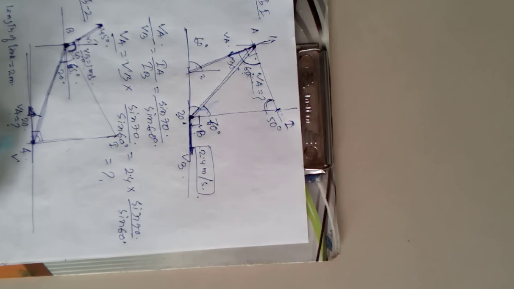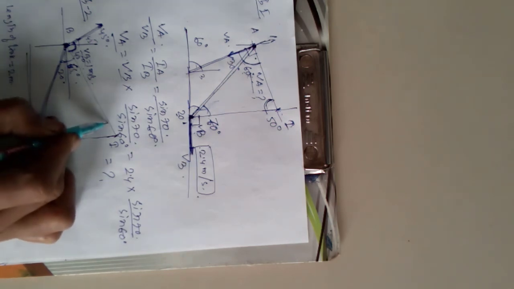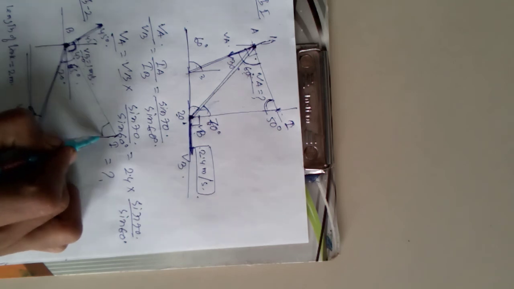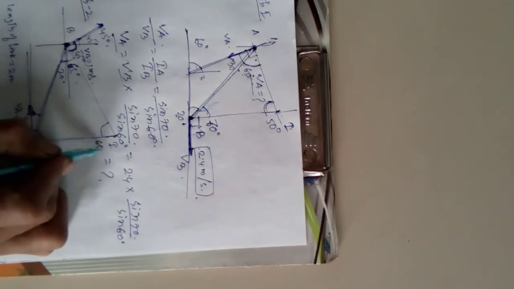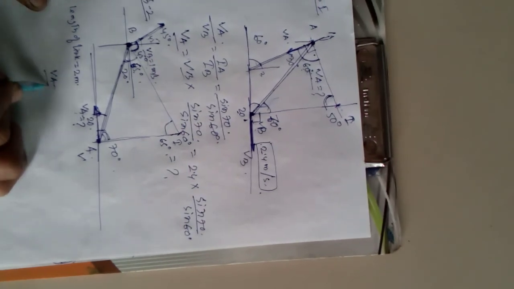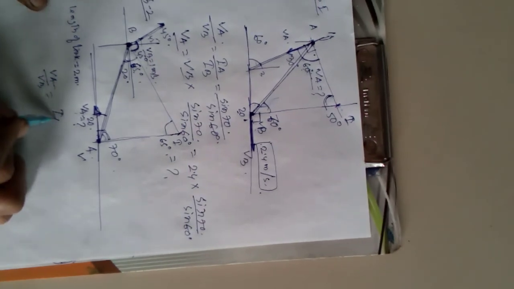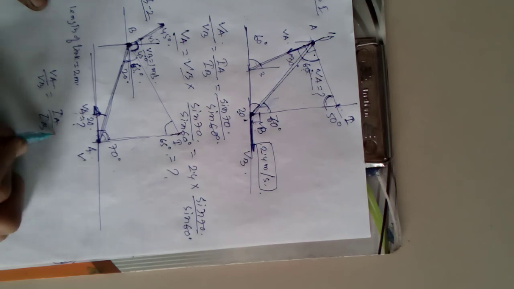So that is 60 degree, that is 20, that is 70 degree. So that will be how much? That is also 65 degree. So what will be the formula? The formula is VA by VB is equal to IA by IB.